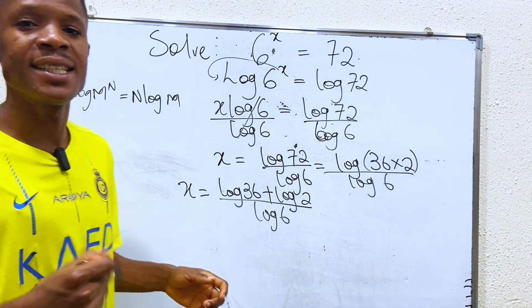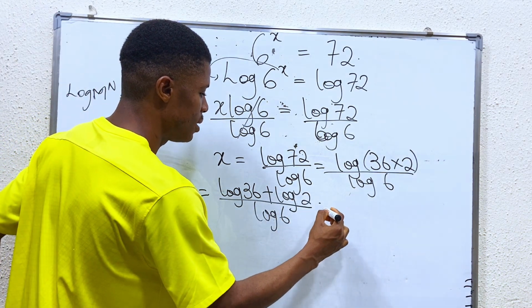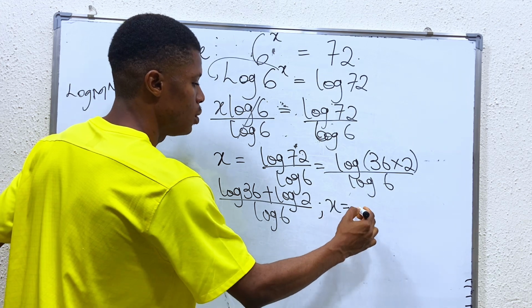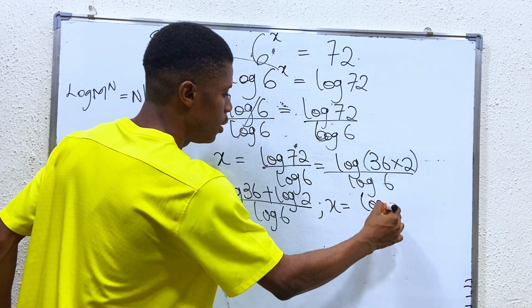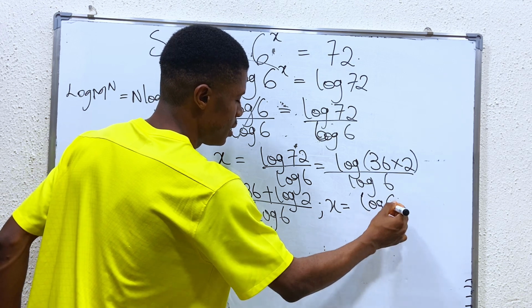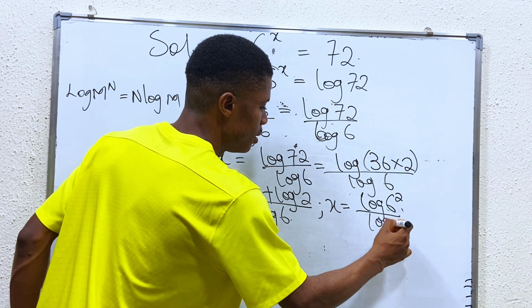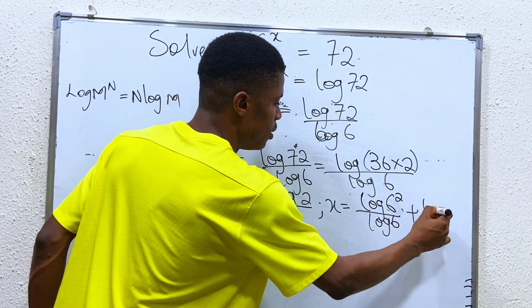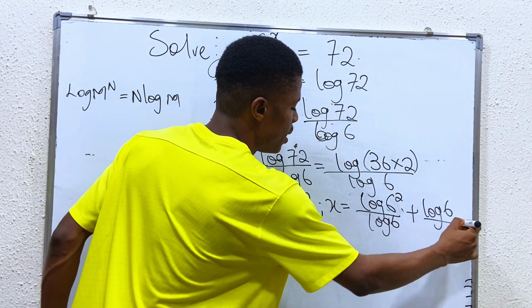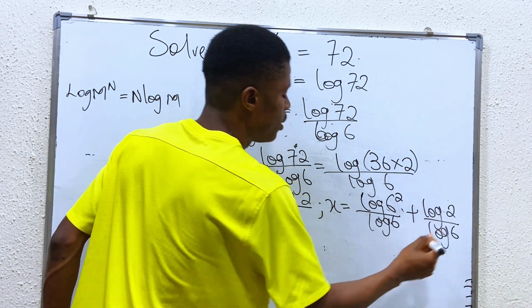Okay? 36 can be seen as 6 squared. So we split the fraction in the sense that x is equal to log 36, that is log 6 power 2, which is 36, divided by log 6, plus log 2 divided by log 6.